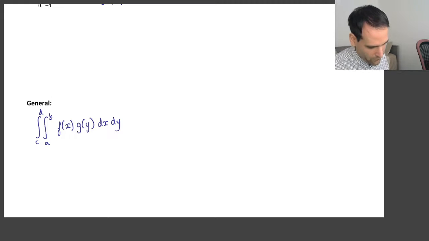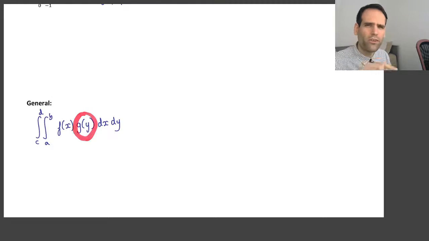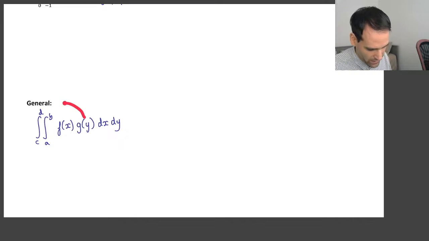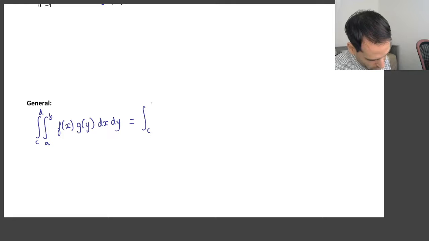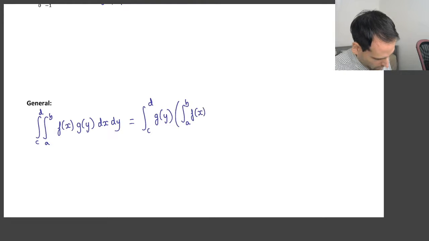you can first take g of y, which is a function that depends only on y, it doesn't depend on x. You can take it outside of the first integral, so this is equal to the integral between c and d of g of y times the integral between a and b of f of x dx, and then dy.